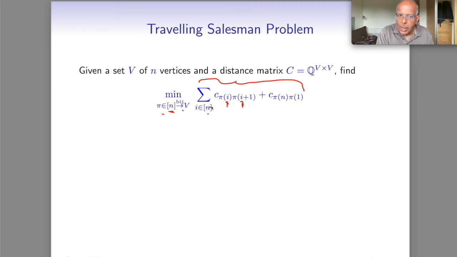Sorry, this should be up to n minus 1. And then the cost of going from the last back to the first to complete the cycle. So this is the minimum cost of visiting all the vertices in some order.